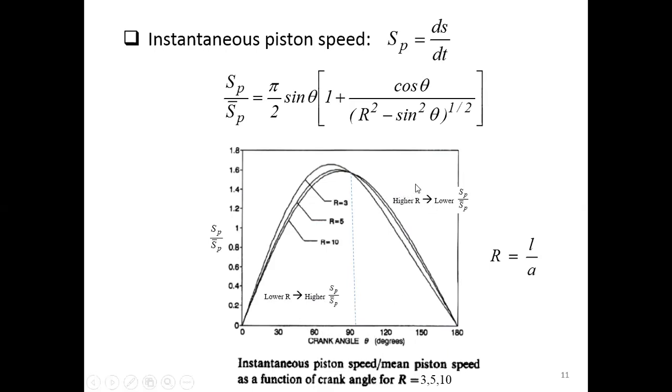Same as for the higher R, which means a bigger engine. We have a lower speed ratio at the first part, and a higher piston speed ratio for the second part. No problem.